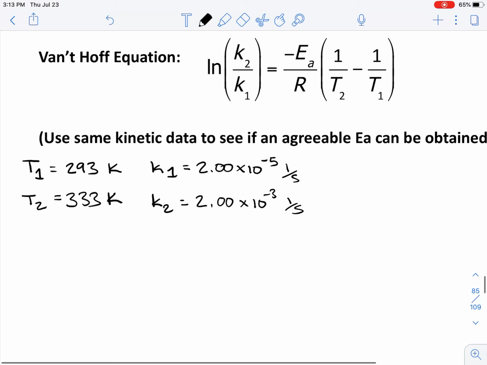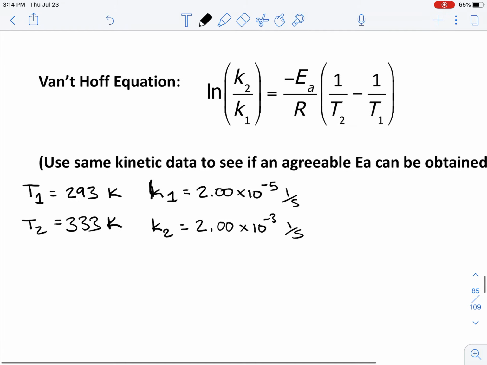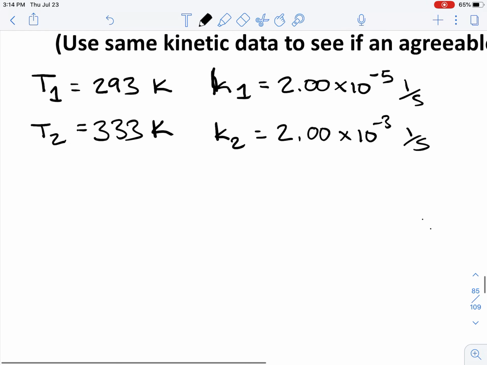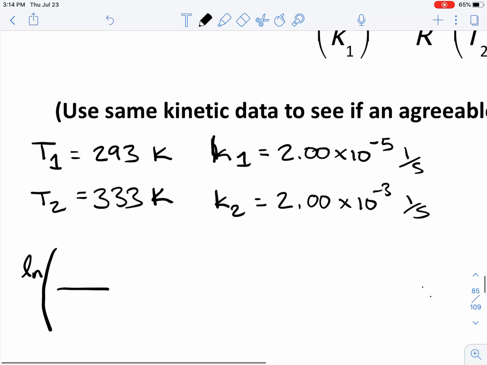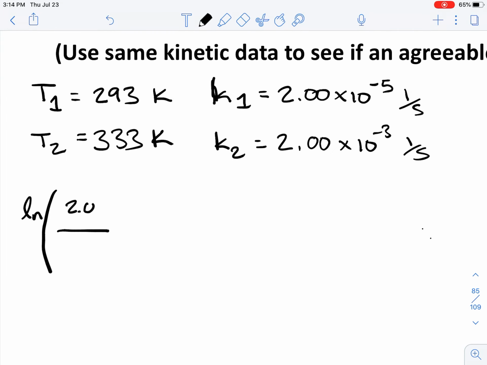And so basically all you have to do is plug in these numbers into this equation. And so this K2, I'll just go ahead and start writing. So if I were to take the natural log of K2, so if you look, K2 is in the numerator, so that's going to be 2.00 times 10 to the negative 3, 1 per second.